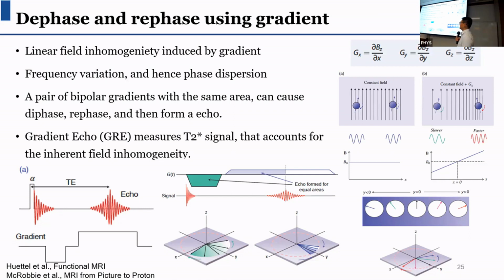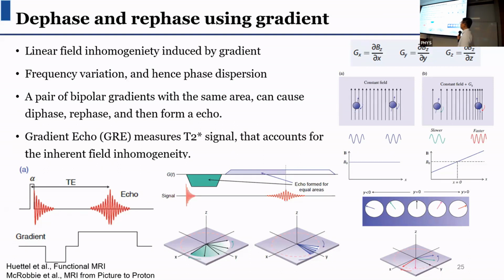You start the excitation here, then you get a gradient echo in the middle of this positive gradient. The time duration between the RF and this echo center is the T value, as I defined in the spin echo. The difference compared to the spin echo is that this gradient echo is not measuring the T2 signal.